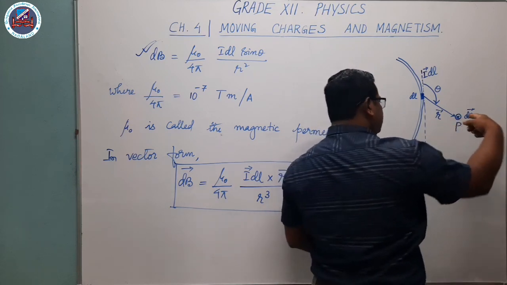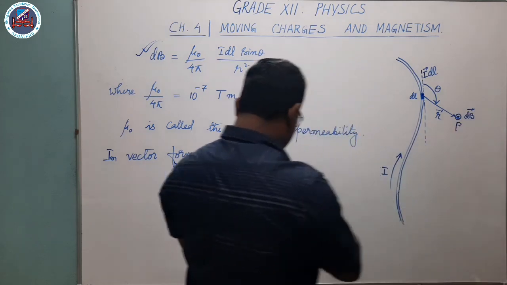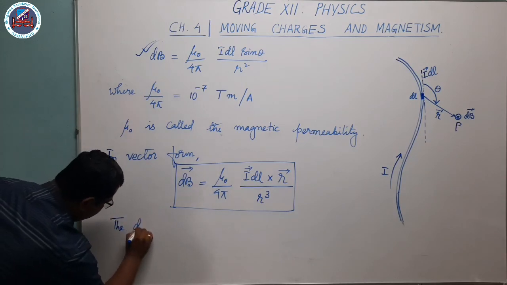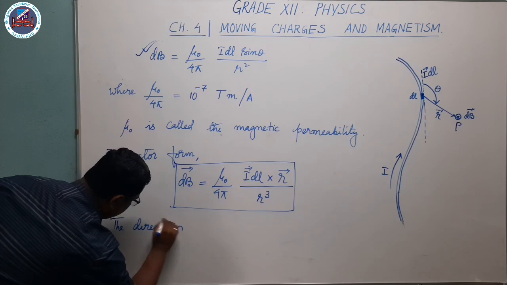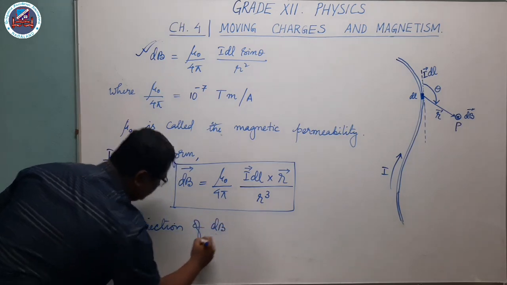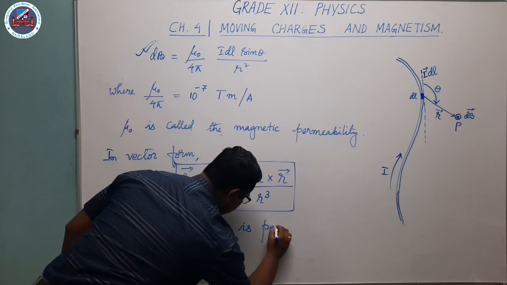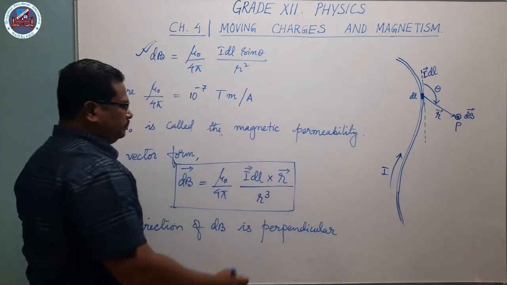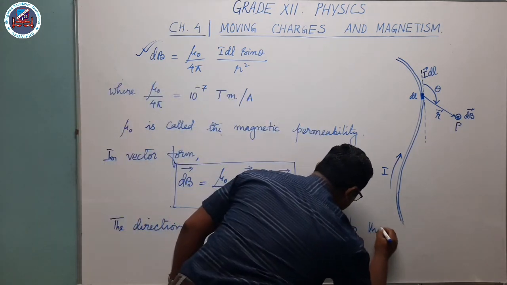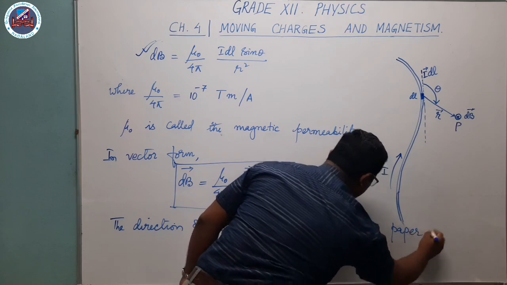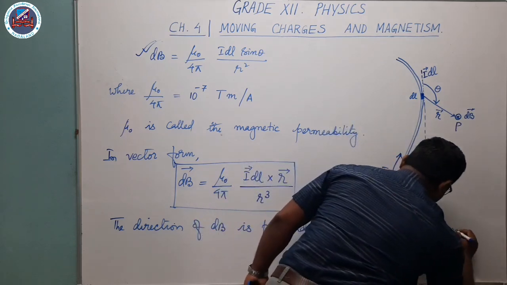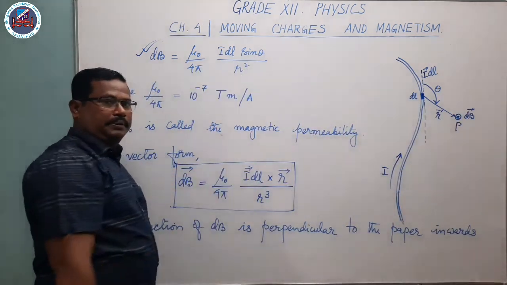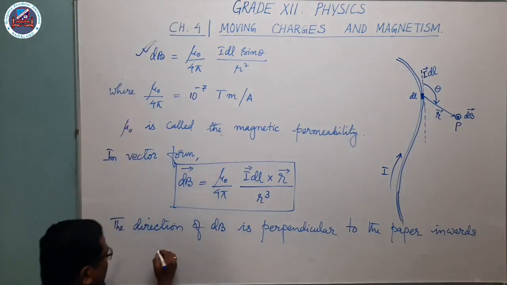So here you can write down: the direction of dB is perpendicular to the paper inwards, going inside the board.